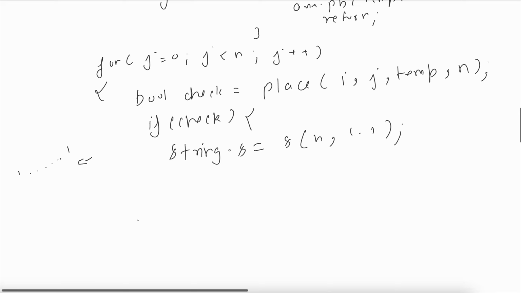So if I can place my q here, then I will create that row, and at the jth position I will place the q. Then this string is my answer for this row. Then I will push this string into my temporary answer.